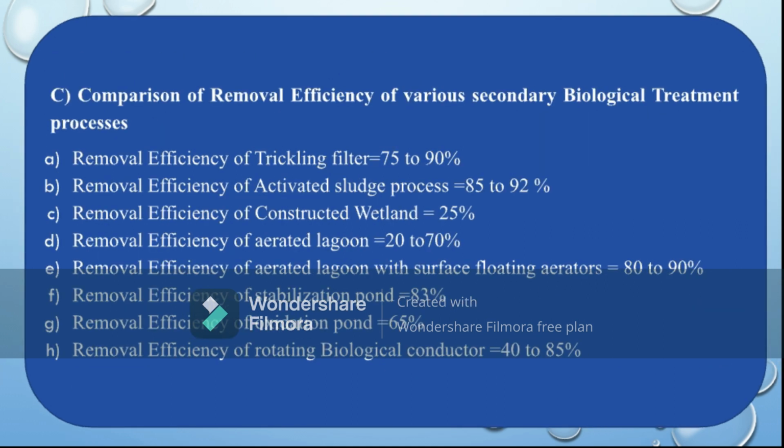Comparison of removal efficiency of various secondary biological treatment processes. Removal efficiency of trickling filter is 75 to 90%. Activated sludge process is 85 to 92%. Constructed wetland is 25%. Aerated lagoon is 20 to 70%.